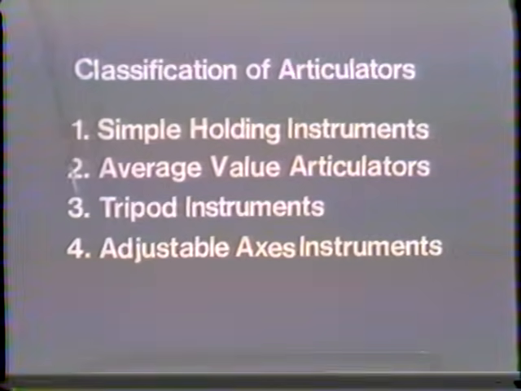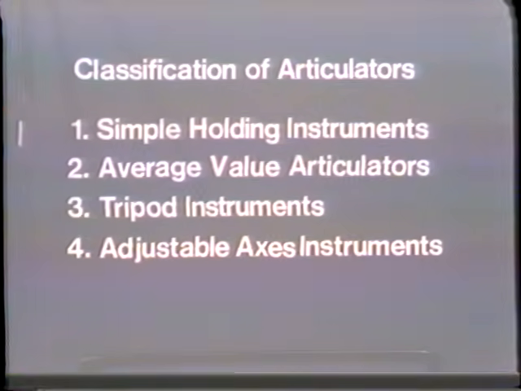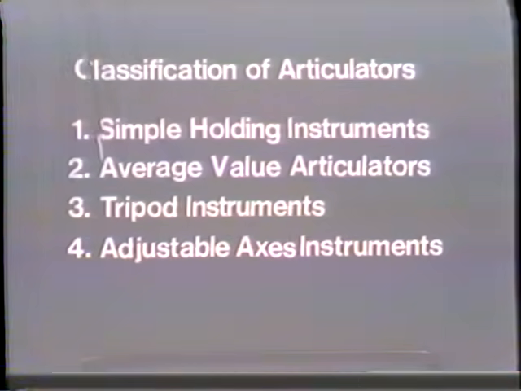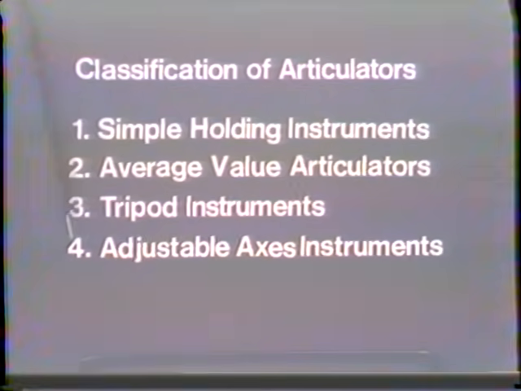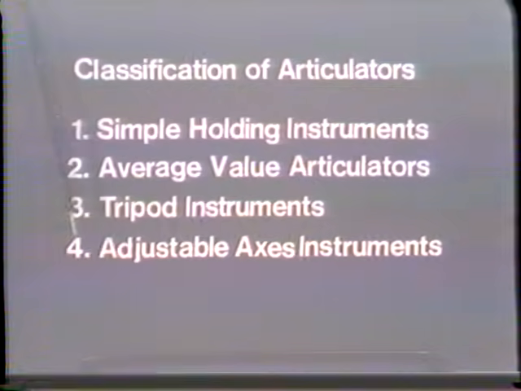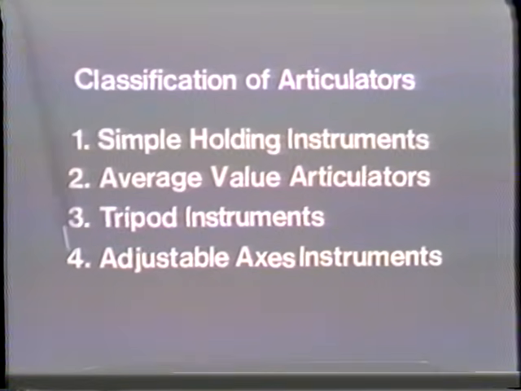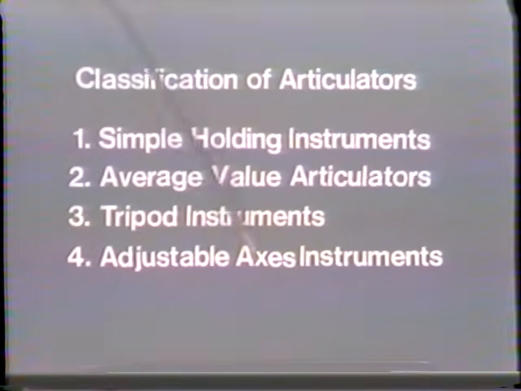The tripod instrument, which, as the name implies, actually works on three legs, we might call them, built into the instrument, and an adjustable axis instrument. When we have mandibular motion that we like to simulate on an instrument, we deal with a number of axes. We'll discuss these a little bit after, and that's why we say plural, that these are adjustable axes instruments.